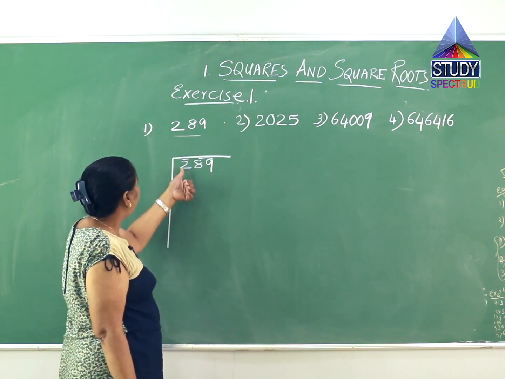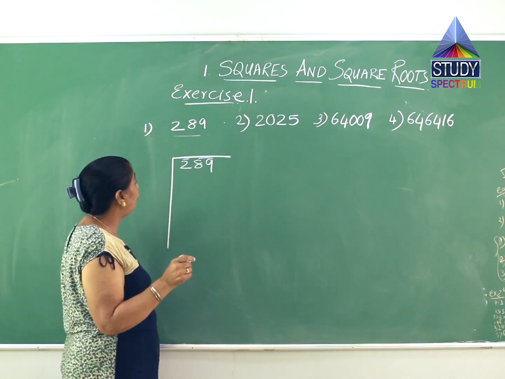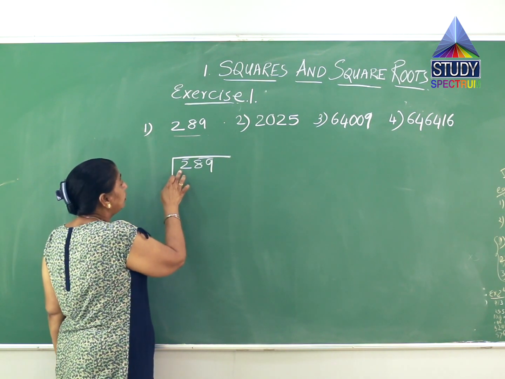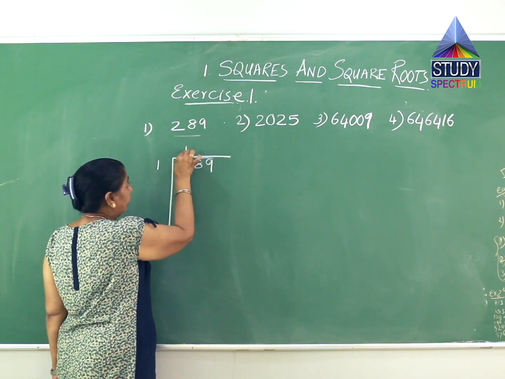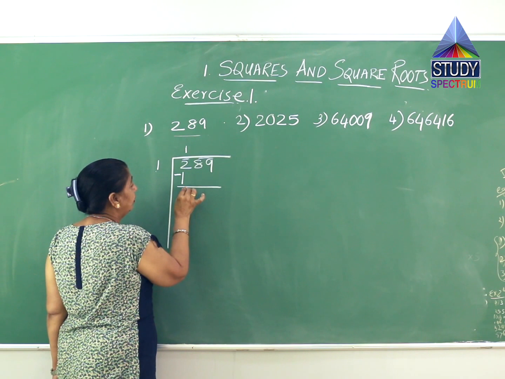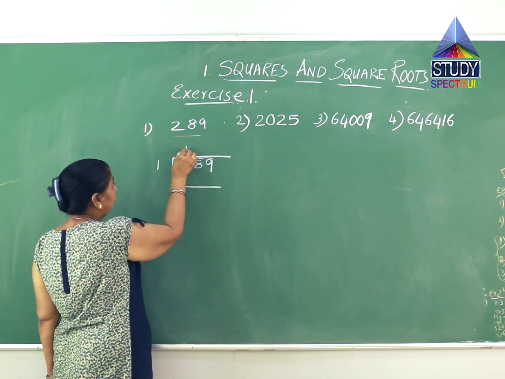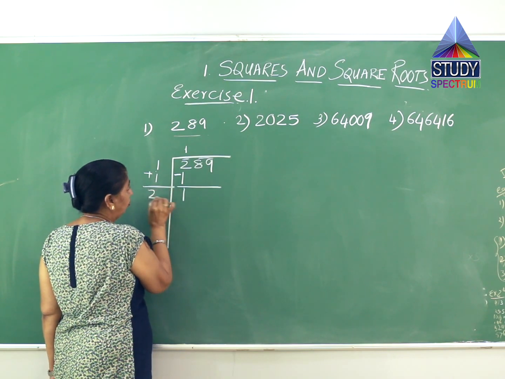Now here 2 is the number, so I know the perfect square starts from 4. So I'll not get, so better I'll take 1. So 1 into 1 gives me 1. When I subtract it, I'll get 1 over here. And then don't forget to add this 1 over here. This will give me 2.